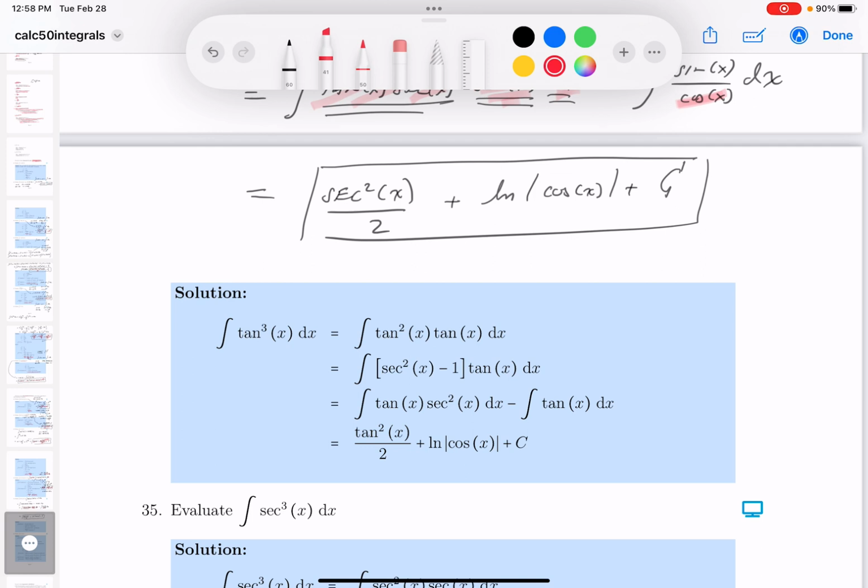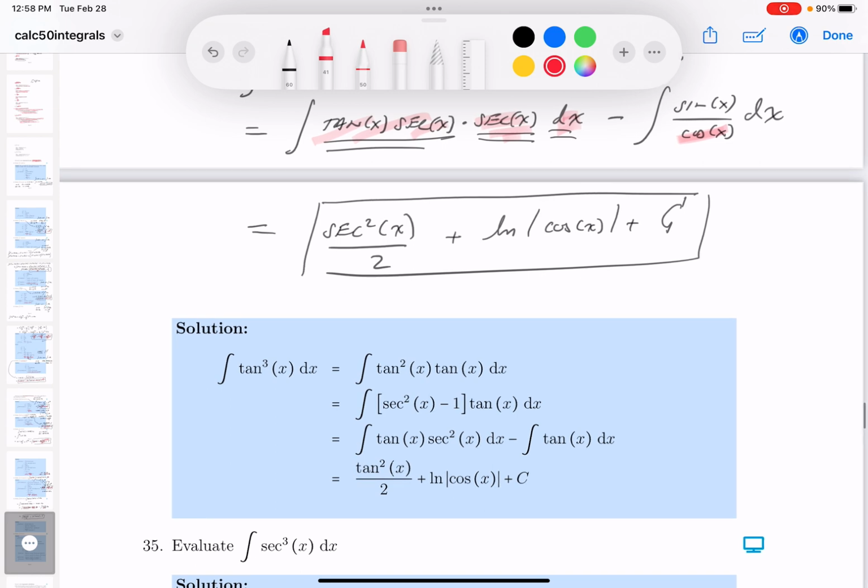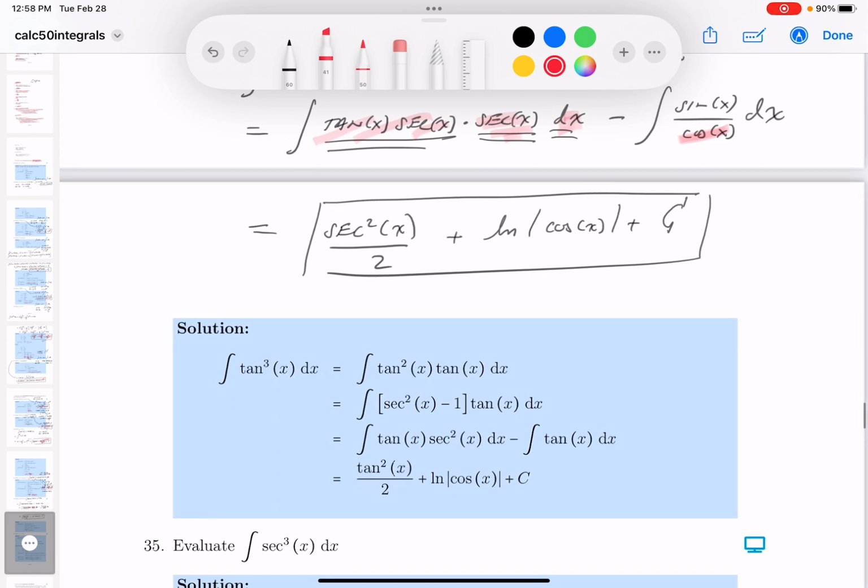But let's see what we got over here. And I'm thinking I might have made a mistake somewhere. And where's my mistake? Let me take a look. I don't think there's a mistake. I want to point out, I did something different, didn't I?